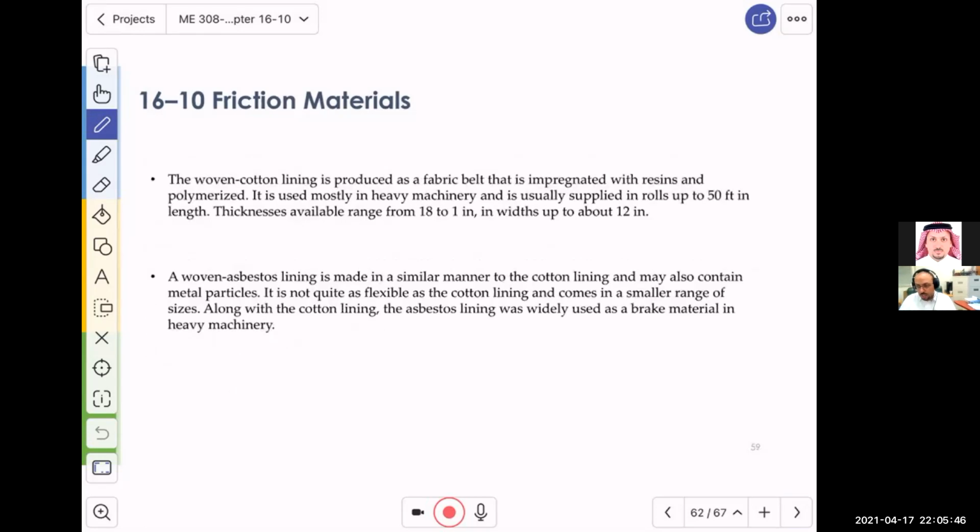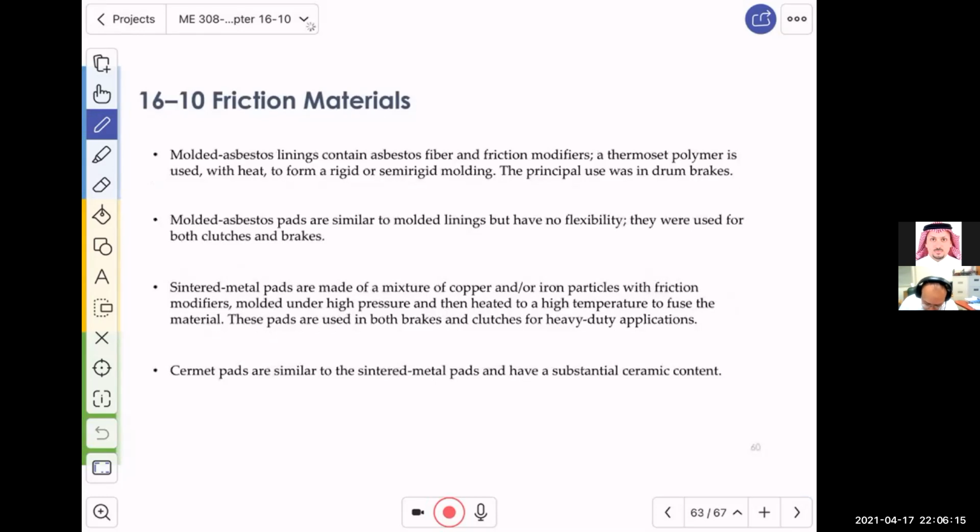Now, in the book, they have listed different ways to make frictional material. One of them is the woven cutting lining. The other one is the woven. This is the material we talked about before, which is called asbestos, and we also have molded asbestos, and we have lining, which can contain fibers.